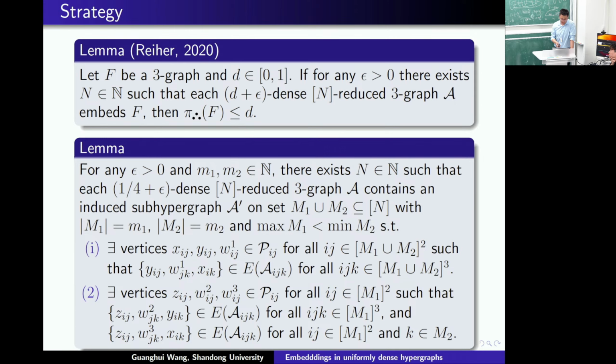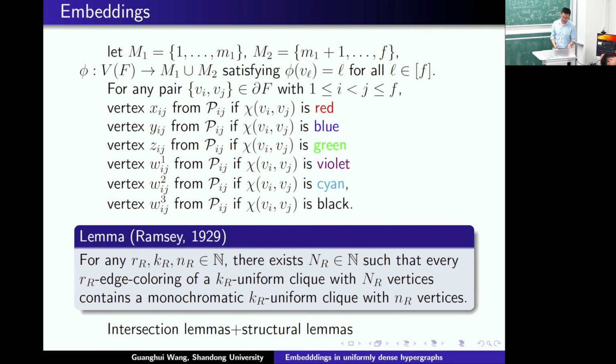If we can get this lemma, then we can embed our F into this hypergraph. There are intersection lemmas and structure lemmas. In the first part, we use the Ramsey theorem, the hypergraph version, to get some intersection lemmas. And for the structure lemmas, we use some Turán density results and some previous results.